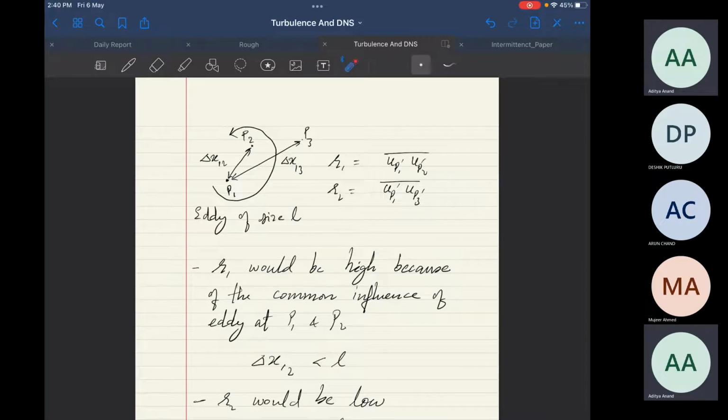Let's say that this is an eddying motion here. There are two points inside this eddy, P1 and P2, and then there is a third point which is outside the region of influence of this eddy. We define two correlations here, R1 and R2. R1 is for velocities at points P1 and P2, and R2 is for points P1 and P3. So R2 is the correlation for two points which are not in the common influence of the eddy.